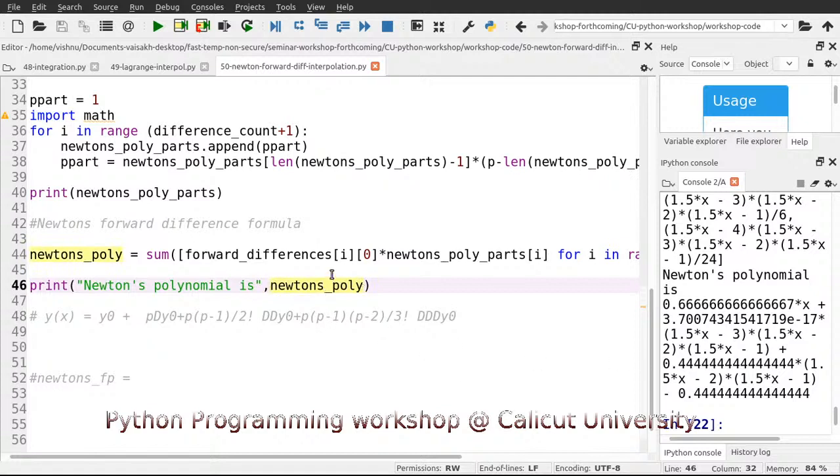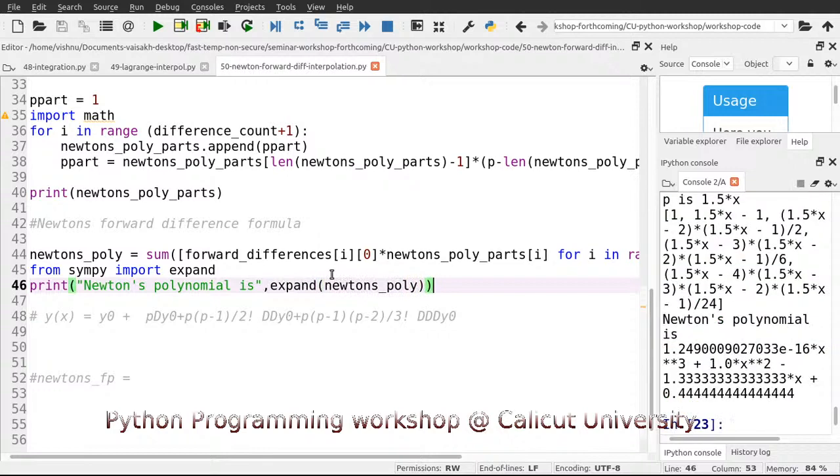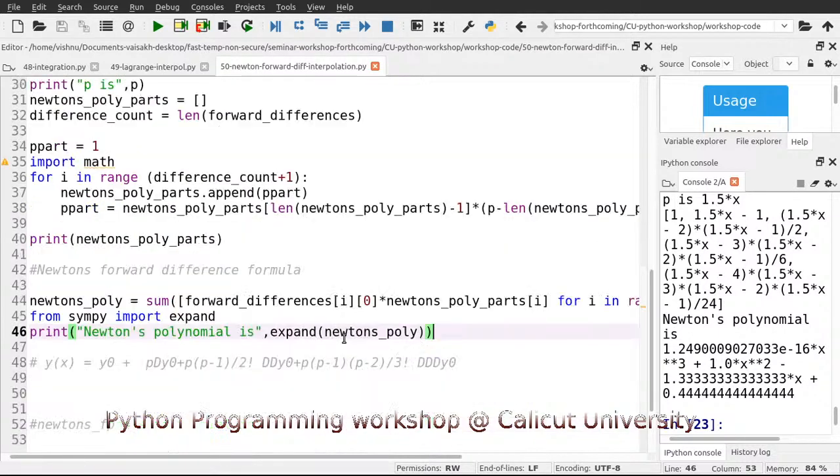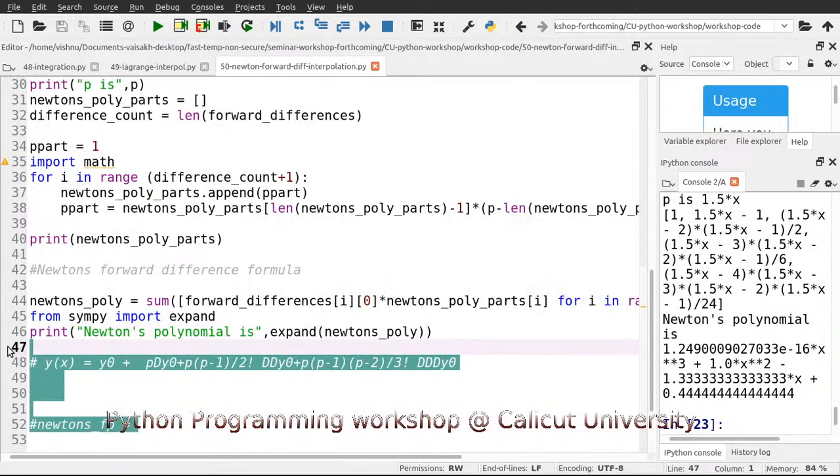Maybe we can expand also. This is a degree 3 polynomial. As in the previous case, let us try to plot it and see it in action.